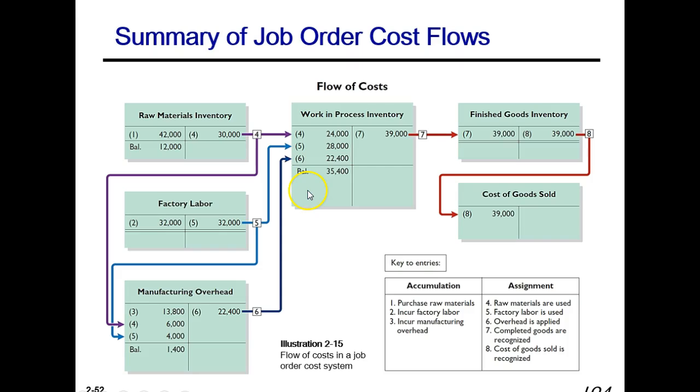Once we finished it, we then took it out of work in process, put it over into finished goods, and then when we sold it, we took it out of finished goods and put it into cost of goods sold. This shows you the entire process from creating a product to finally selling it, and the process it goes through in the books, in the inventory accounts, to finally get it to the cost of goods sold, which happens in the income statement.